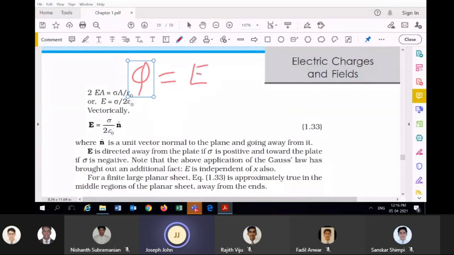There are two surfaces there on both sides, okay? Can you see electric flux is going to the right and the left? E into 2A. Equation number 1.